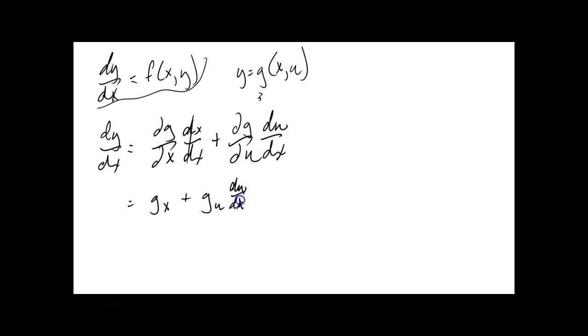Times du/dx. That's your dy/dx. Now it says here, if we replace dy/dx by the foregoing derivative and replace y in f of x, y by g of x, u, then the differential equation that we had above, this one right here, becomes this.